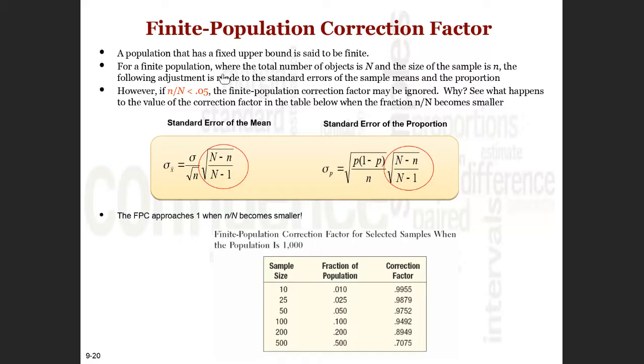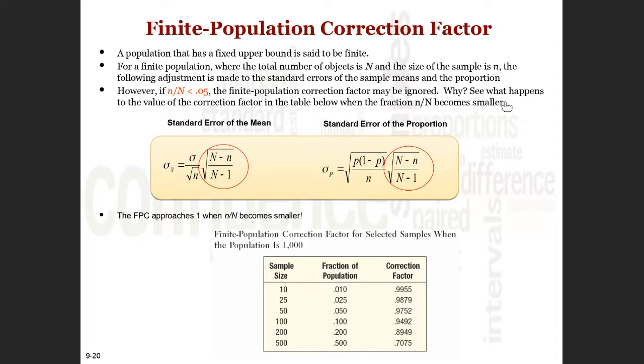So for a finite population where the total number of objects is large N, and the size of the sample is small n, the following adjustment is made to the standard errors of the sample means and the proportion. However, if the sample n divided by the population N is less than 0.05, the finite population correction factor may be ignored. Okay? Because you want your error as small as possible.